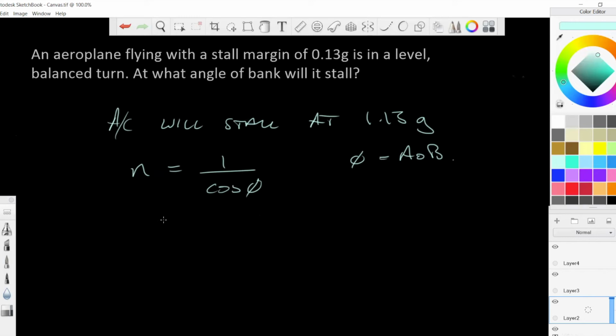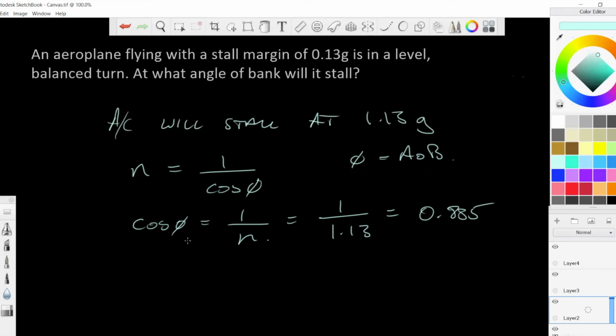But what you will find is that I can rearrange this so that cos phi is 1 divided by n, n being the load factor. Of course, if you didn't know, n is the symbol we tend to use for load factor. So n is 1.13 for the stall, so I've got 1 over 1.13. And 1 divided by 1.13 is 0.885, something like that. 3 decimal places is more than adequate precision.